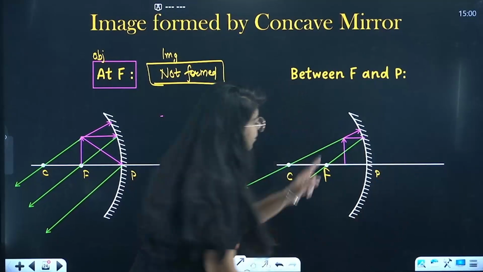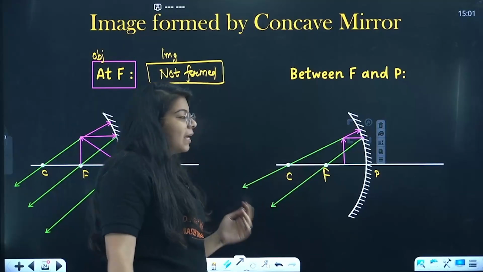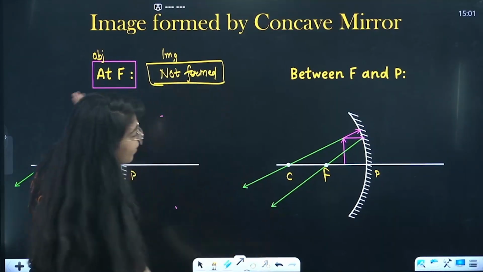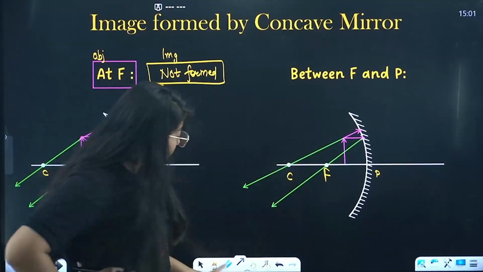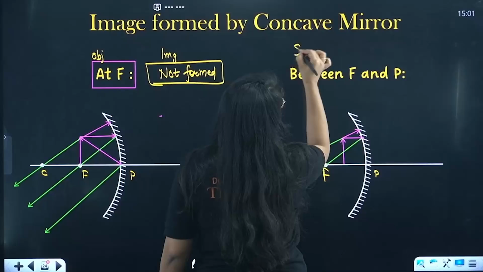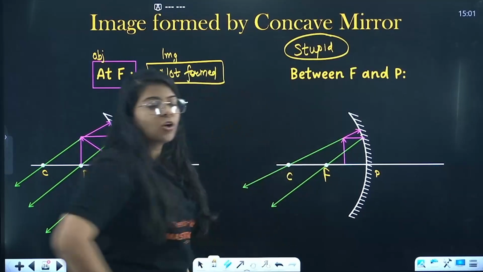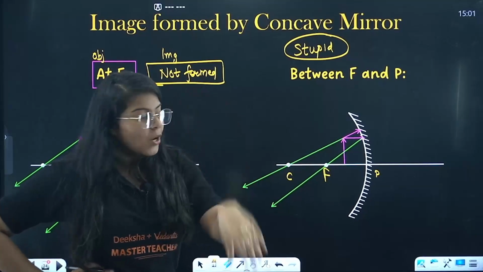So now this is your incident ray, it bounced back from the mirror and came back. Understood? Done. But ma'am, these are going away. We know concave mirror is a converging mirror. But in this case, beta, I like to call this a stupid case. It does not obey the rules of a mirror. Maybe a rebellious case.